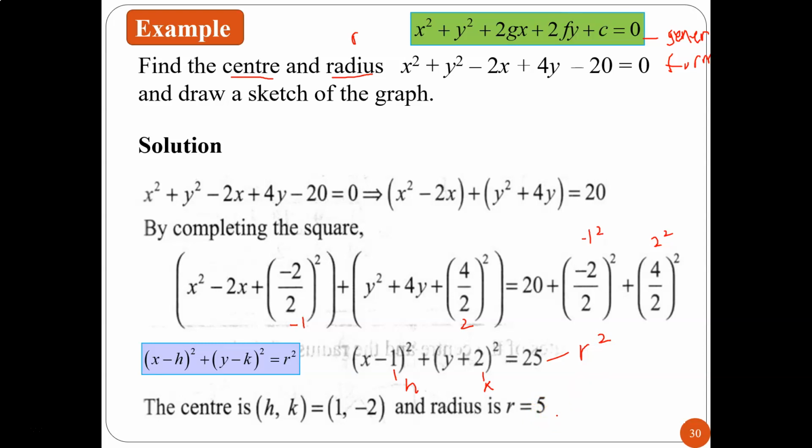That's it. Okay, I think it's a bit difficult for you because it involves completing the square. The rest is actually you just compare it with the general form. This is the general form. This is the standard form. Then you're going to find the center h and k. Slowly, you have to try it first. Then you can understand it.